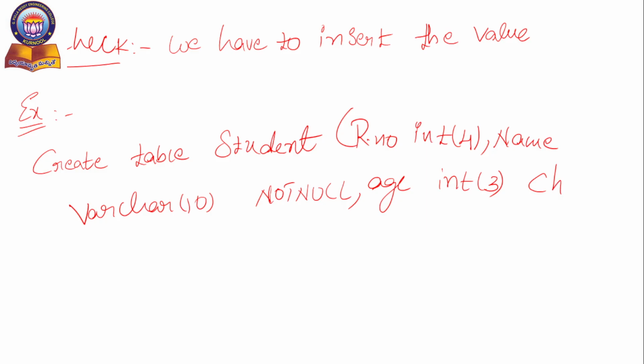For this age attribute, we will use the check constraint. Why? For example, if age is less than or equal to 18 we will not consider it. For this type of problem we use the check constraint.